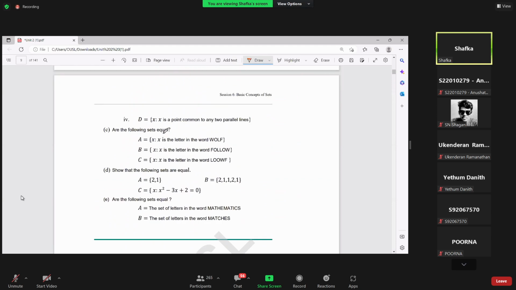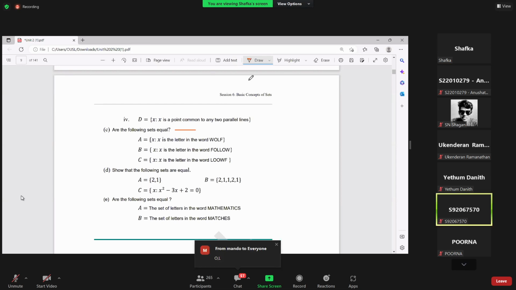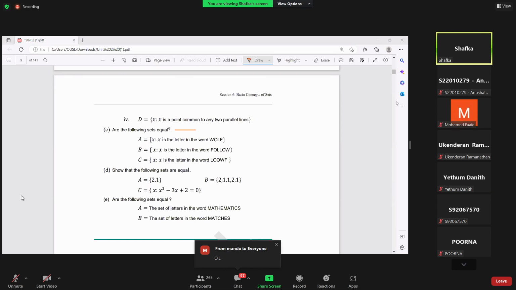Can someone please tell me the answer for this? Check whether these three sets are equal or not.